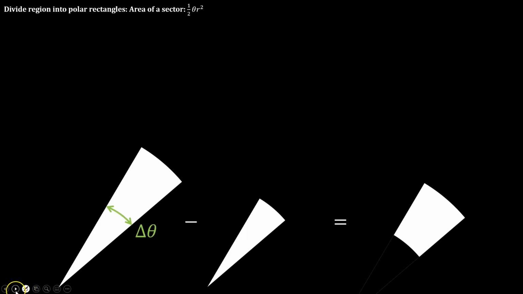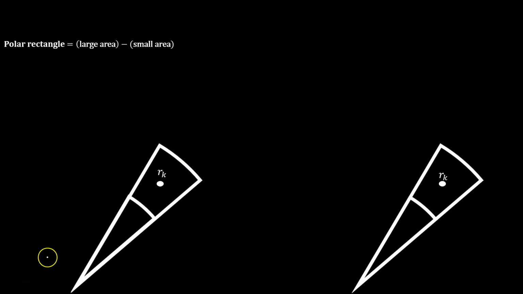So in order to do the area of a sector, you need to know the angle that the sector spans, and you need to know the radius. Using the formula 1/2 theta times radius squared, we can calculate the area of each one of these sectors. So we'll calculate the area of the large sector, we'll calculate the area of the small sector, we'll find the difference between them, and that will give us our polar rectangle.